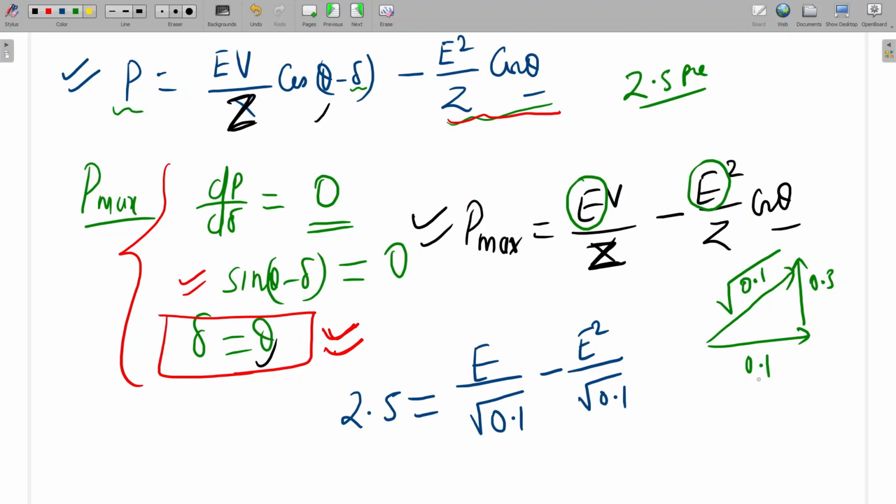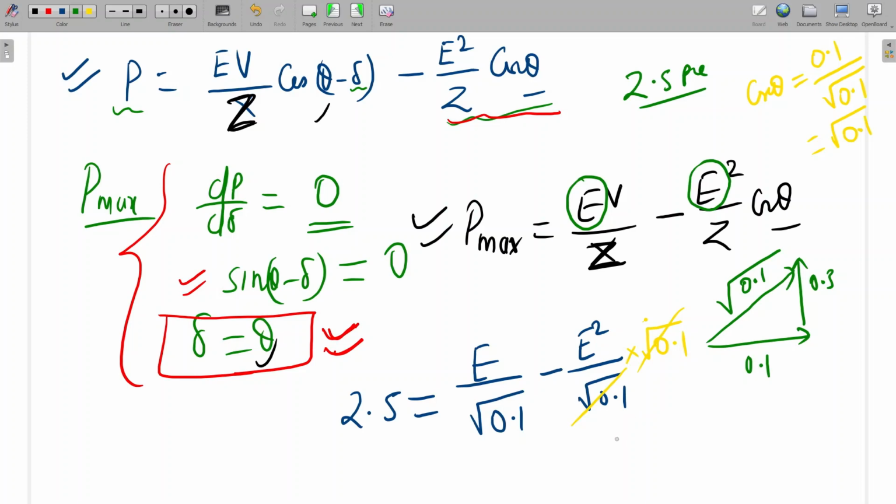So cos theta is equal to 0.1 divided by under root 0.1, so it will be under root 0.1. So here we can write the cos theta value as under root 0.1. So this will cancel. So what will be the final equation?